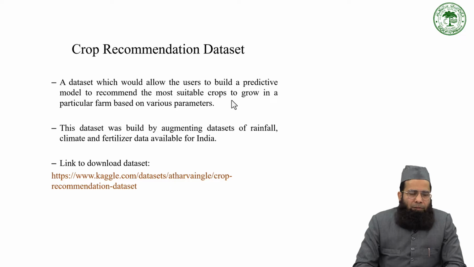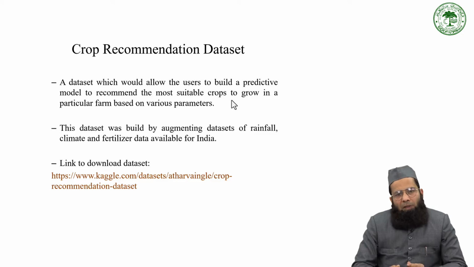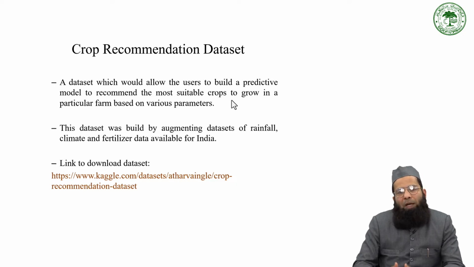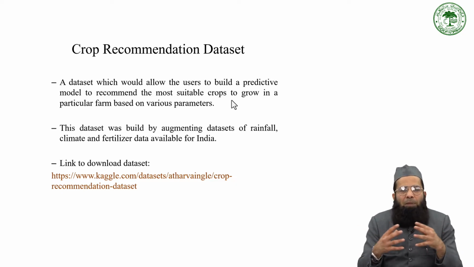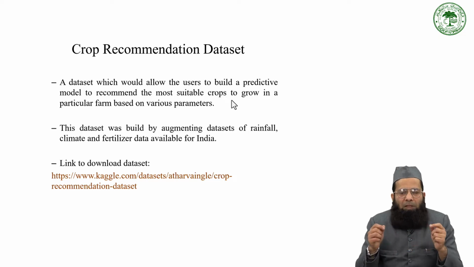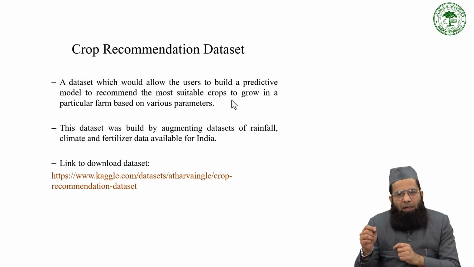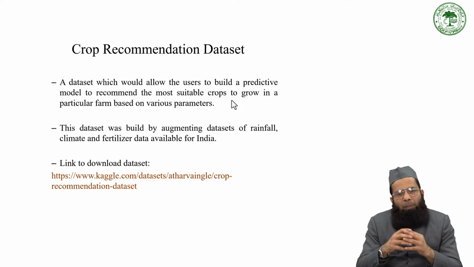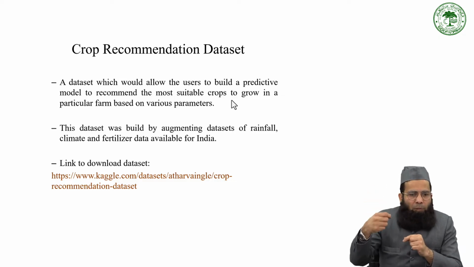Now, the very first dataset that we will be utilizing throughout the data science course is the crop recommendation dataset. So what is it? This dataset allows the user to build a predictive model to recommend the most suitable crops to grow on a particular farm based on various parameters. This dataset has a special dependent feature, which is the type of crop you want to grow.